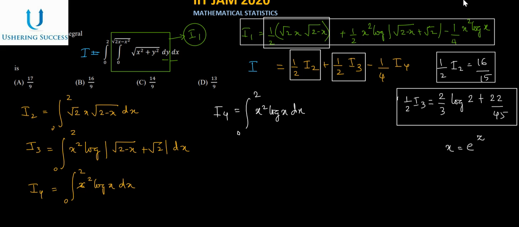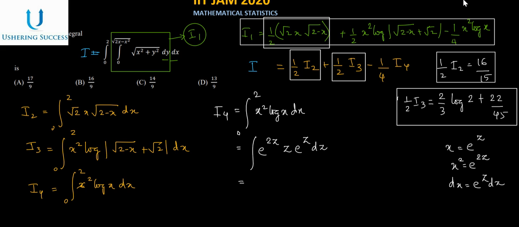So log x will become z, and x square will be e to the power 2z, and dx will be e to the power z dz. So we'll forget the limits for now, we'll bring it back to the original form after we integrate. So x squared will be e to the power 2z, log x is z, and dx is e to the power z dz.